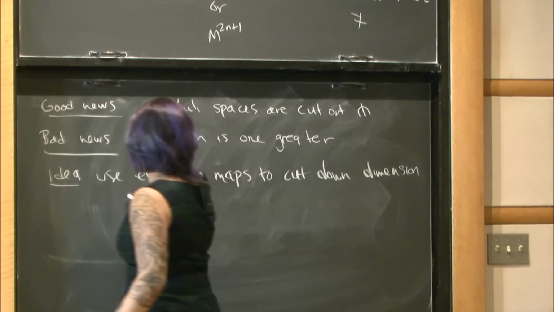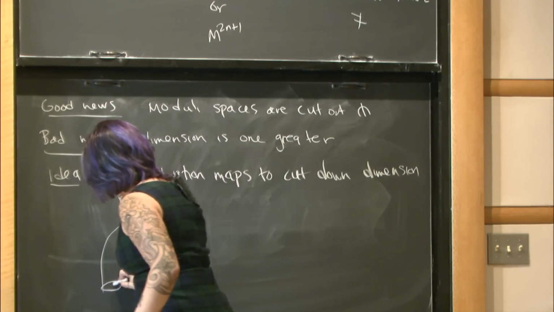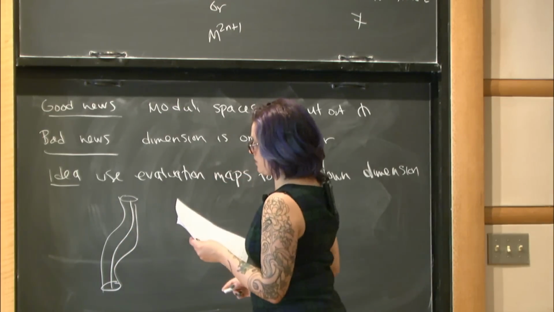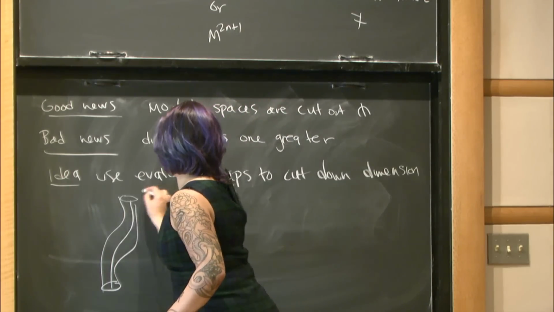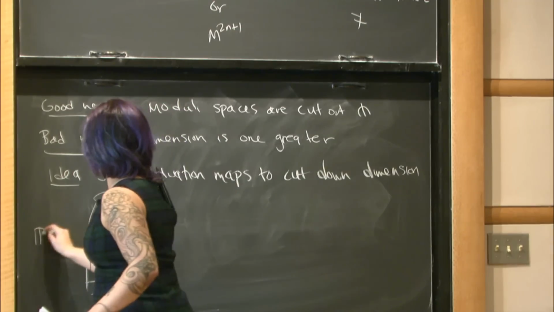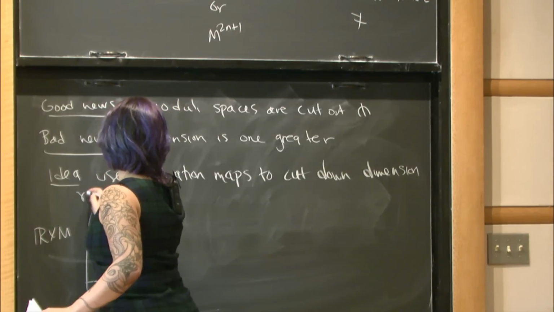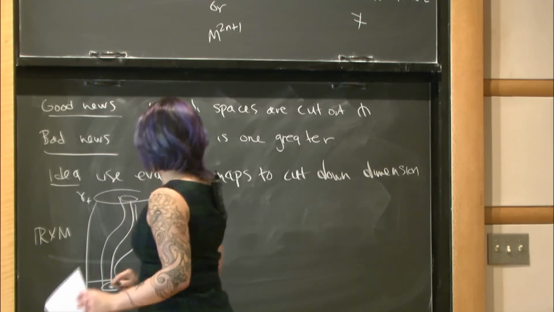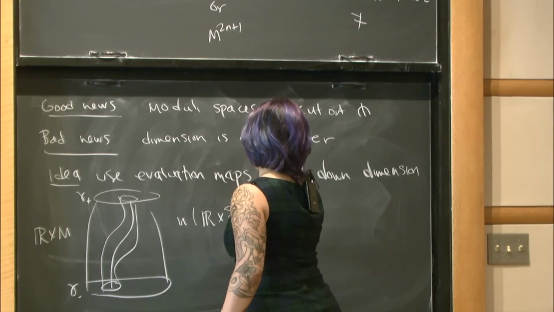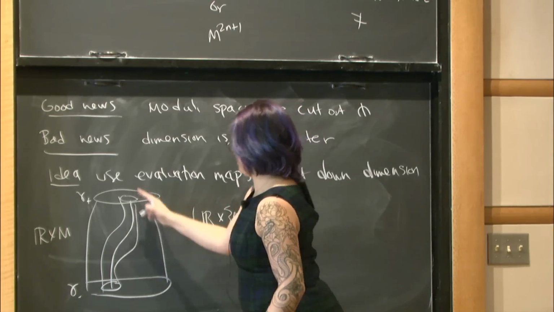So I have my pseudo-holomorphic cylinder in a symplectization or a cobordism, and then I can look at the image of R cross 0. Here's my symplectization, R cross M, here's gamma plus, here's gamma minus, and then I'm looking at U of R cross 0, so that's going to be some line.